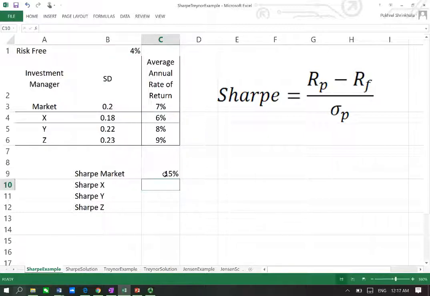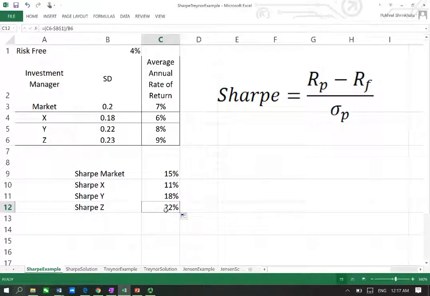So that's giving me a Sharpe for the market of 15%, and for X, Y, and Z 11, 18, and 22. So the higher the Sharpe, the better. So the Sharpe of manager Z is highest, which is 22%.